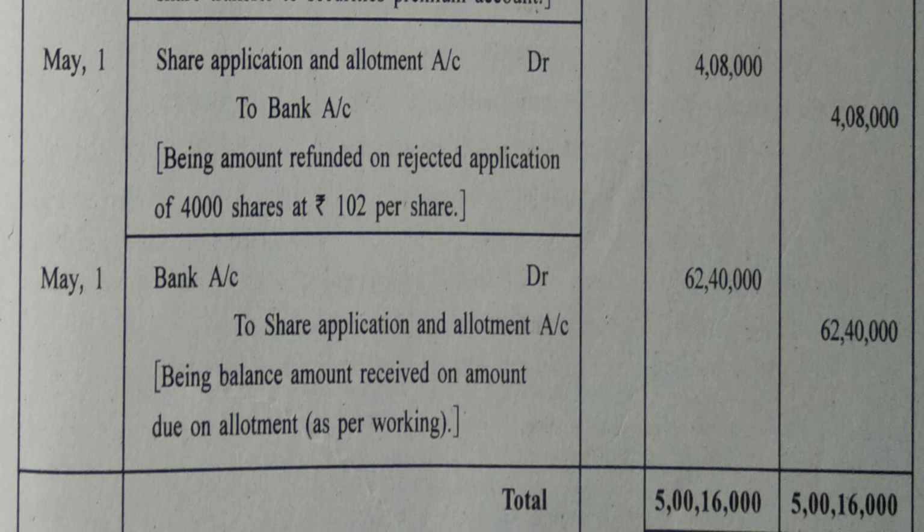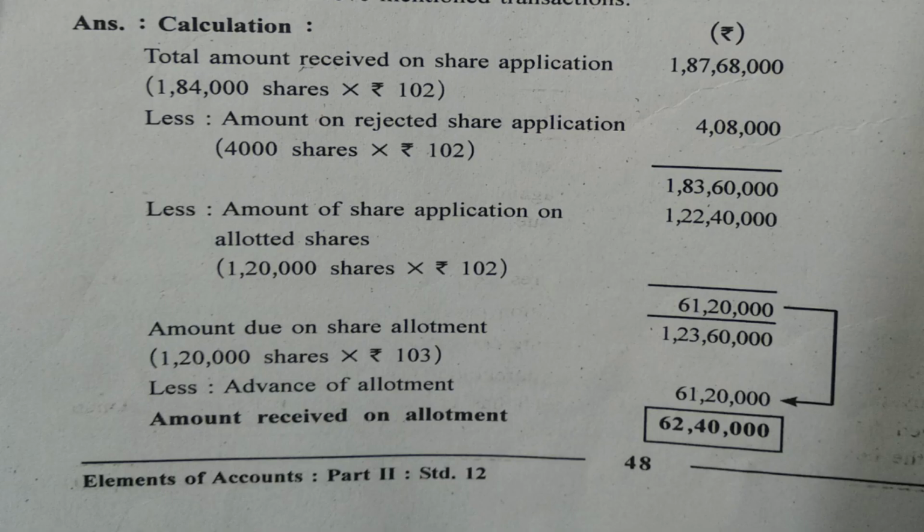Lastly, on 1st of May, the journal entry is about receipt of allotment money. Bank account debit to share application and allotment account, 62,40,000 rupees. How? Let us understand the calculation. Total amount received on share application is 1,87,68,000.